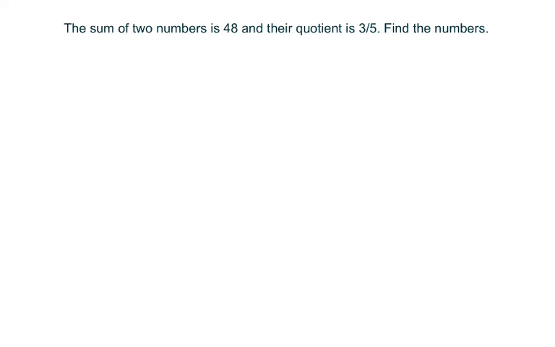Okay, the next one is the sum of two numbers is 48, and their quotient is 3/5. So we're going to let the first number be n, and the second number is going to be 48 minus n.